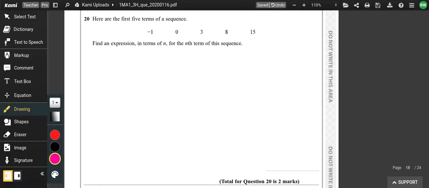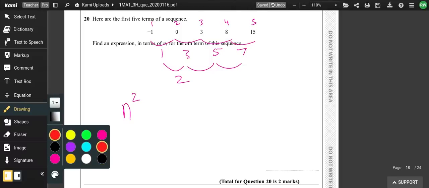Okay, question 20. This is only for GCSE, this question, because it's a geometric series, which we don't have in IGCSE. But essentially, we're looking at the difference of these, and they're going 1, 3, 5, 7, and these all differ by 2, which means it's going to be an n squared sequence. So let's look at n. N is 1, 2, 3, 4, 5, and then n squared would be 1, 4, 9, 16, 25.